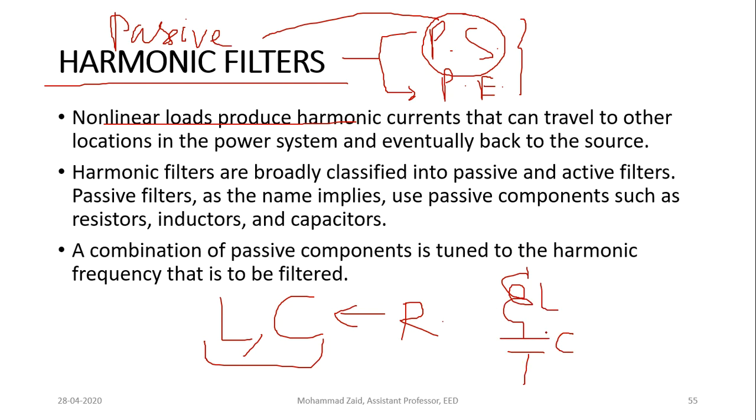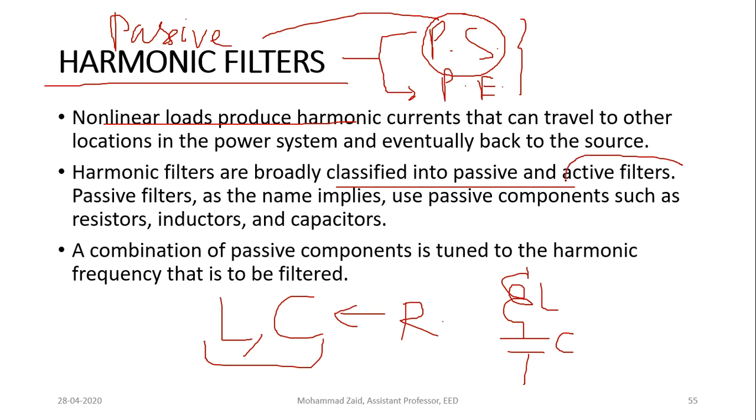Either the harmonics should get a path so that they do not go into the line current, or they should be cancelled out. That means the vector sum of two harmonic components should cancel out, as happened in the phase shifting transformers. So harmonic filters are broadly classified as passive and active filters.